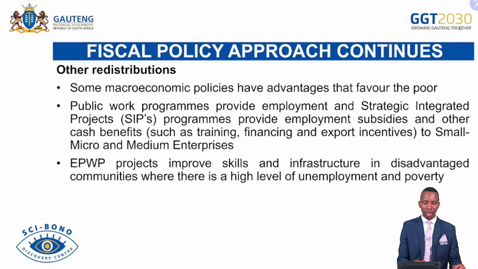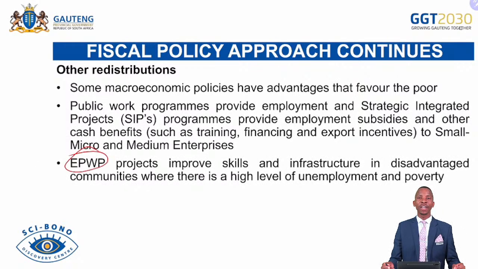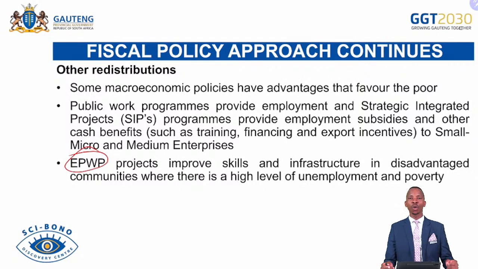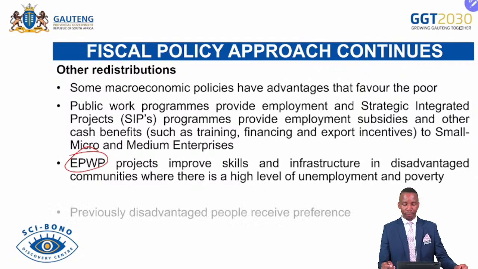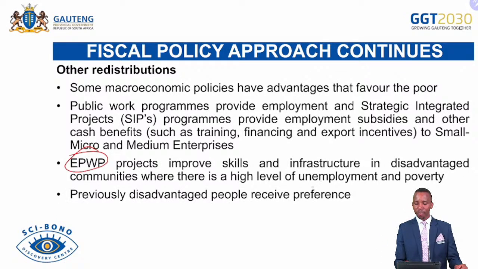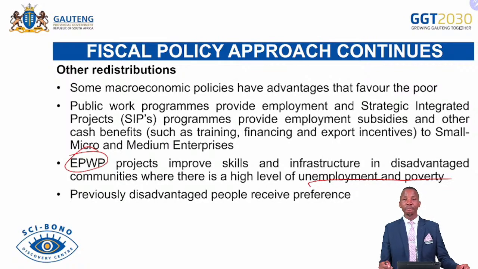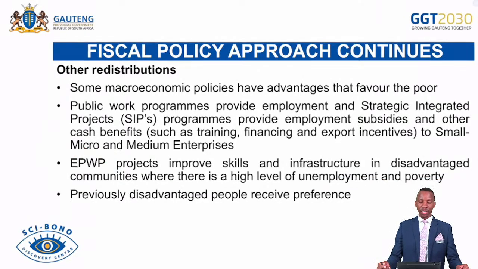Expanded public work programs improve skill development and infrastructure in disadvantaged areas where there's a high level of unemployment and poverty. So it is there to improve the standard of living for those people, to attain skills that can be used even in future when contracts have lapsed. So it is there to alleviate poverty. Previously, marginalized people received preference in these projects.